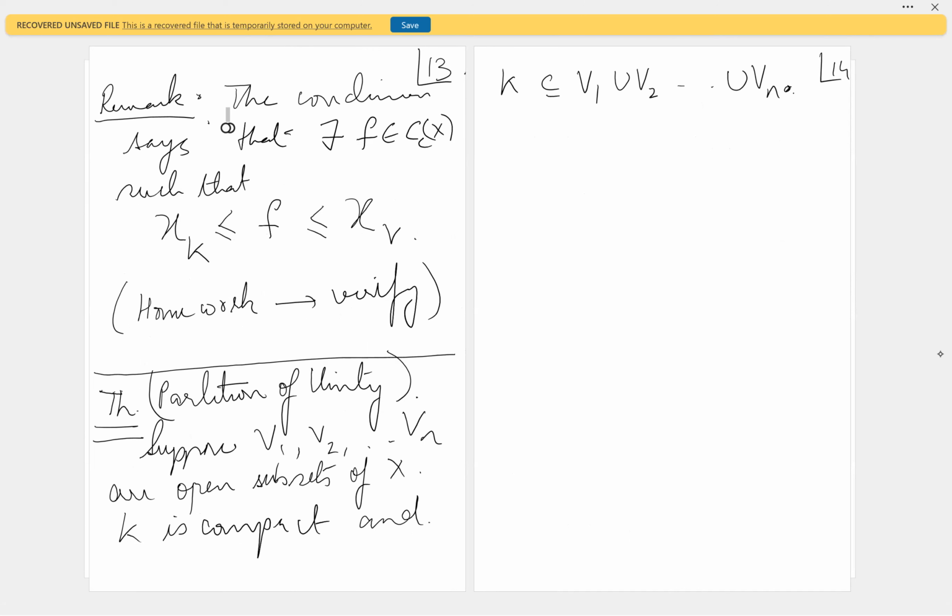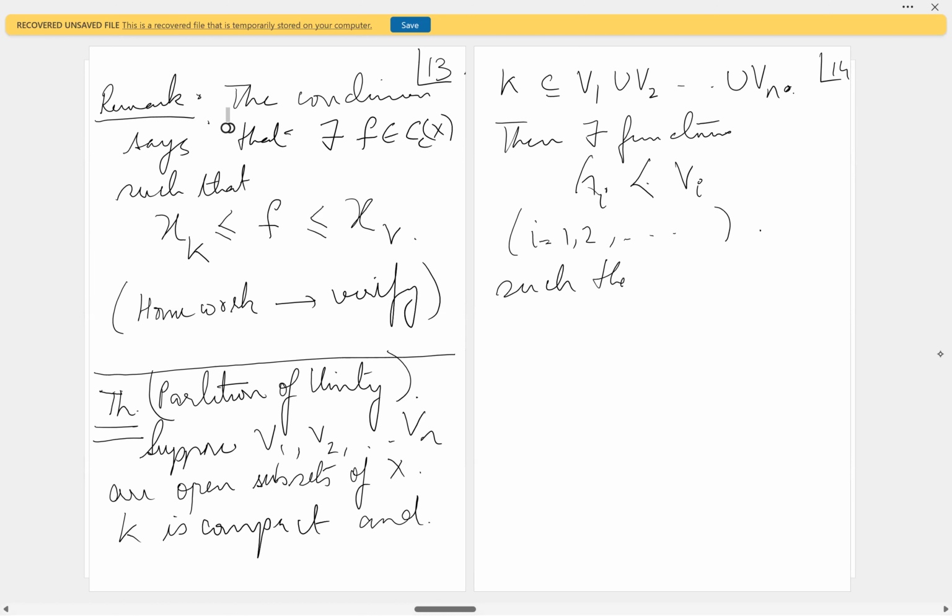And the conclusion is then there exist functions h1, h2, ..., hn, such that hi is less than Vi. This means all those four things I had listed there.